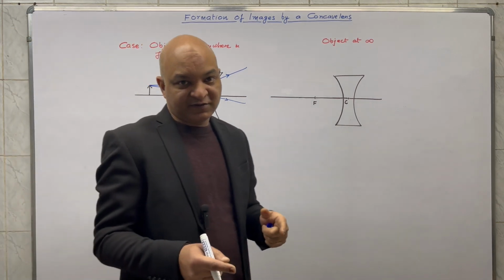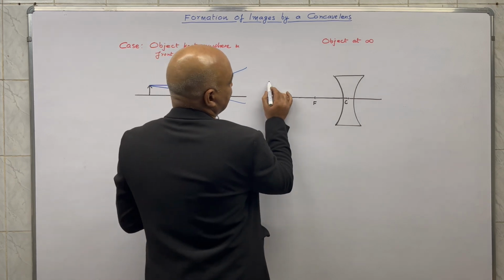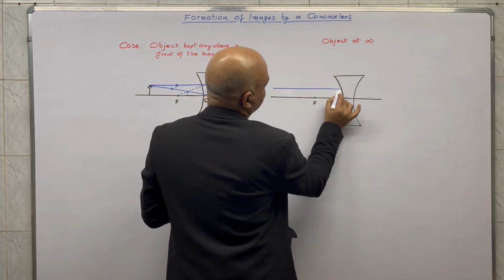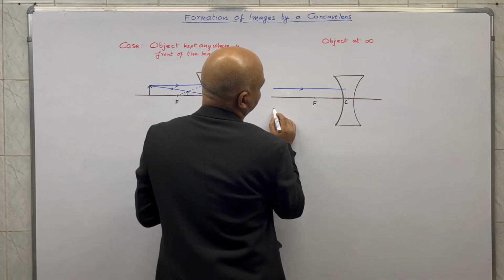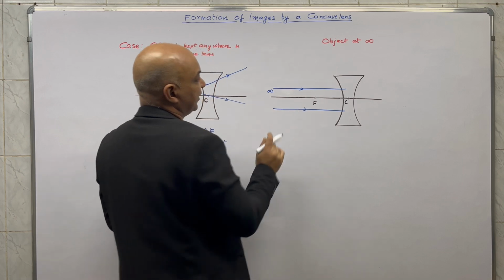Now, so much that we can suppose that if the object is kept somewhere at infinity, so these are two parallel rays coming from an object kept at infinity.